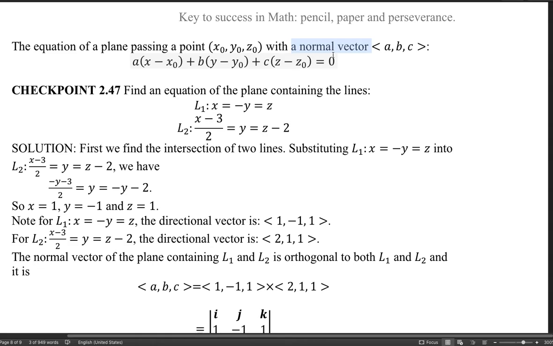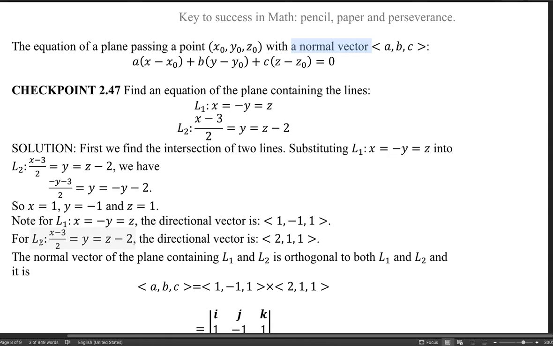When you have a vector perpendicular to a plane, you can say it is perpendicular to any line in that plane. We have two lines in that plane, so the normal vector will have to be perpendicular to both lines. Do you know how we find a vector perpendicular to both? Is it the cross product?